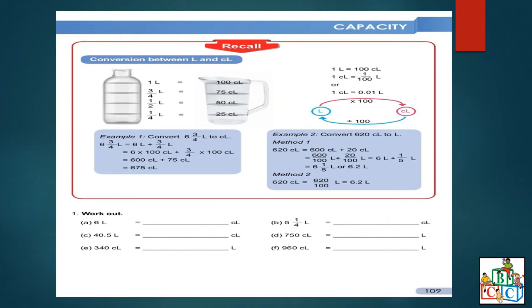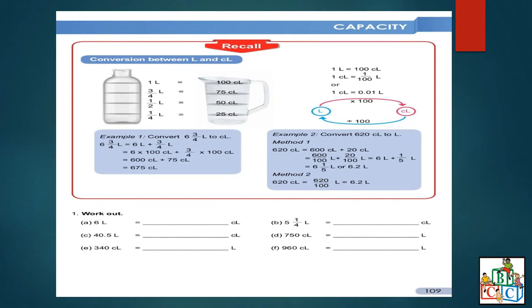Example 2. Convert 620 centiliters to liters. So you have this method, the first method, a bit complicated for you. So take a look. 620 centiliters. For 620 you have first 600 centiliters and then you have the 20 centiliters.